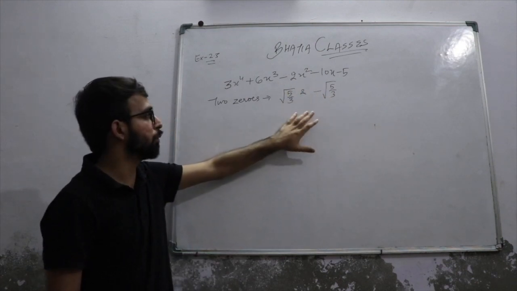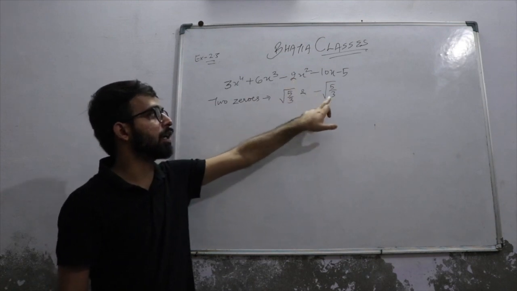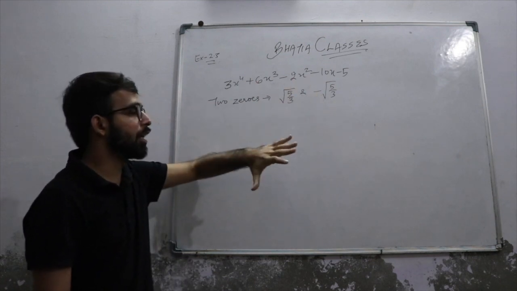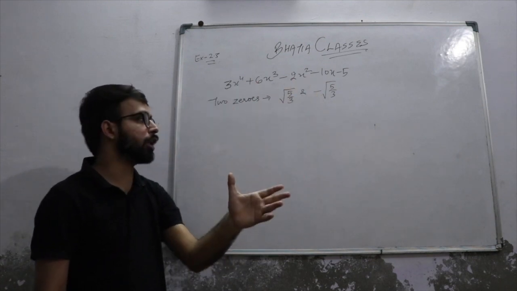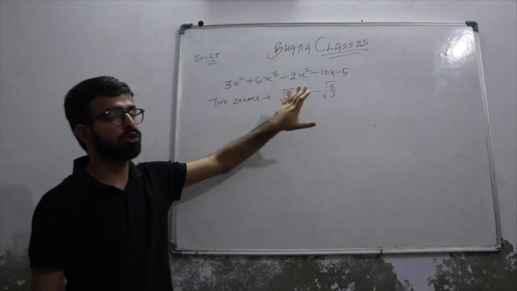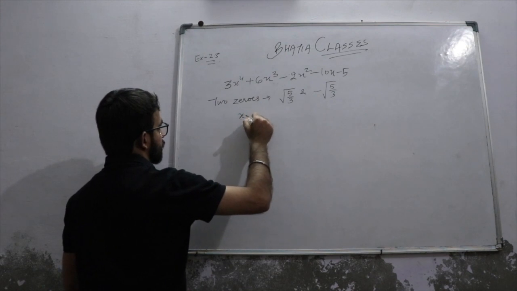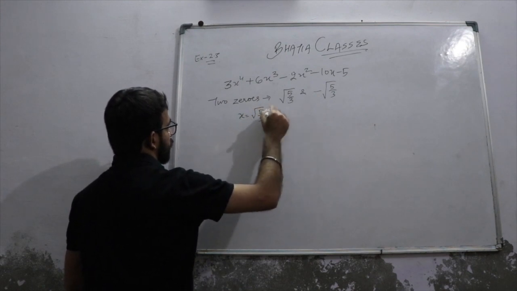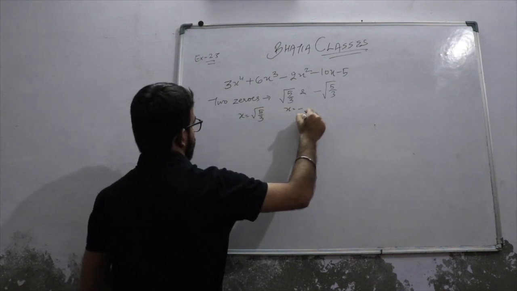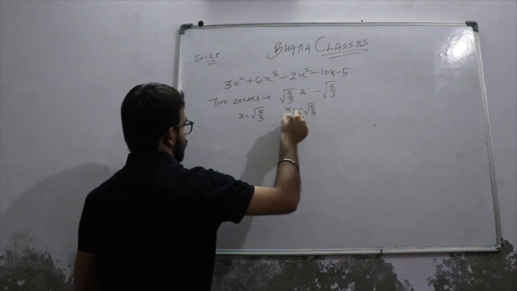Firstly, I will form an equation with root 5 by 3 and minus root 5 by 3. Earlier in exercise 2.1, I have already told you zeros are the values of x. So I will put x equal to root 5 by 3 and x equal to minus root 5 by 3.